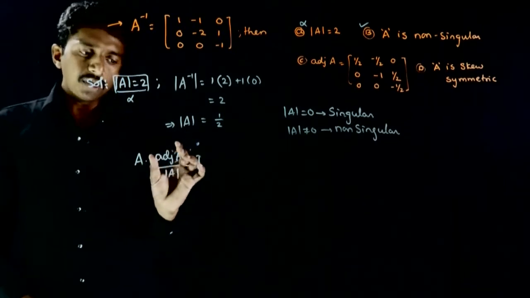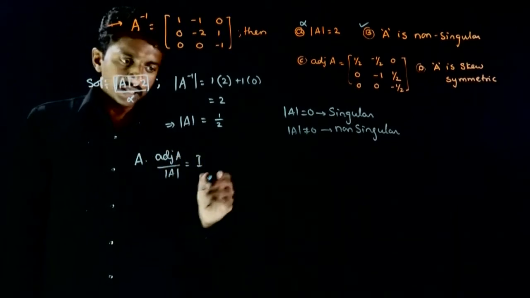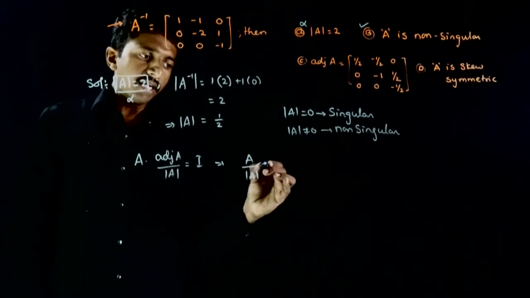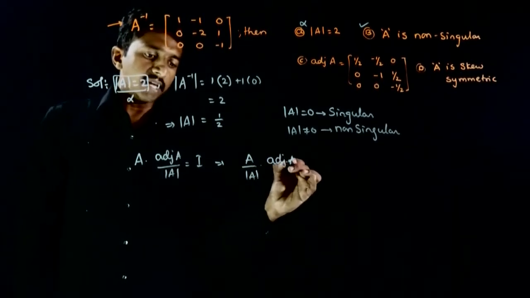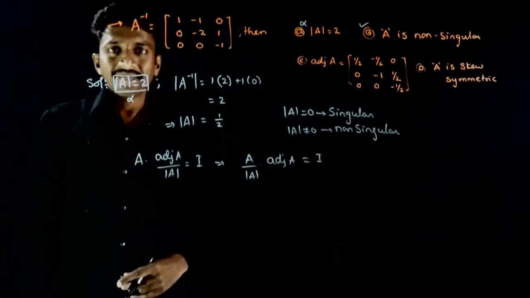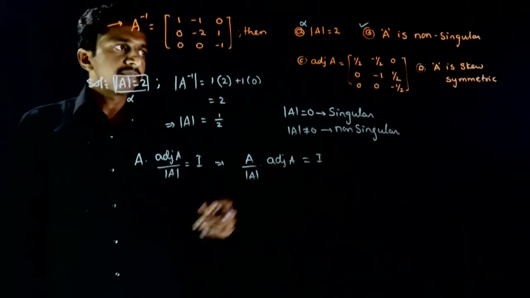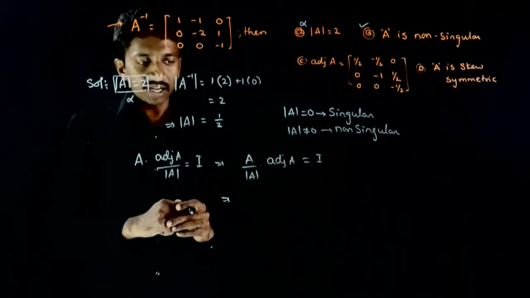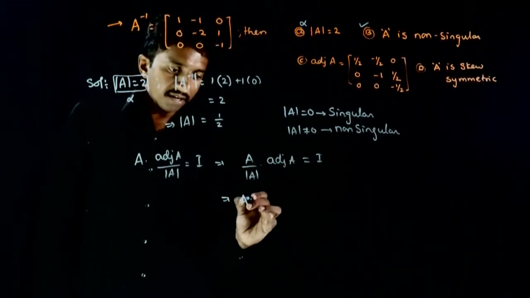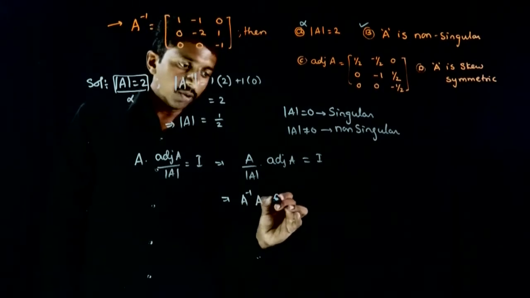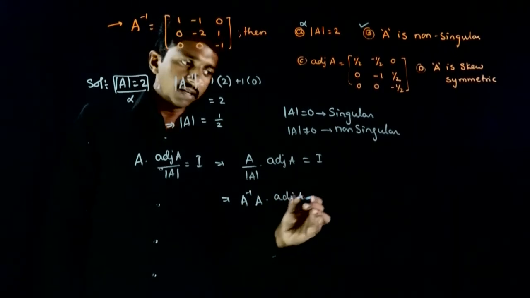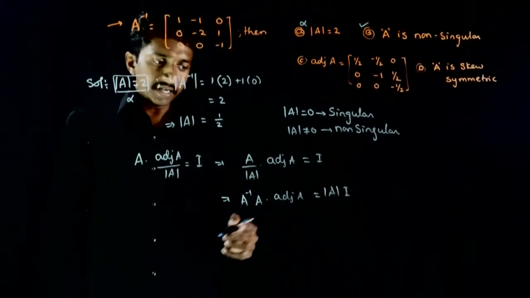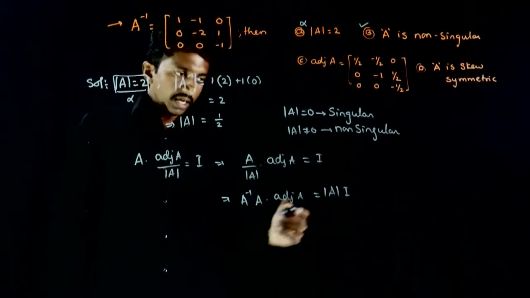So this implies A by det A into adjoint of A is equal to I. See? So this implies दोनों तरफ मैं A inverse से मल्टीप्लाई करता हूं.